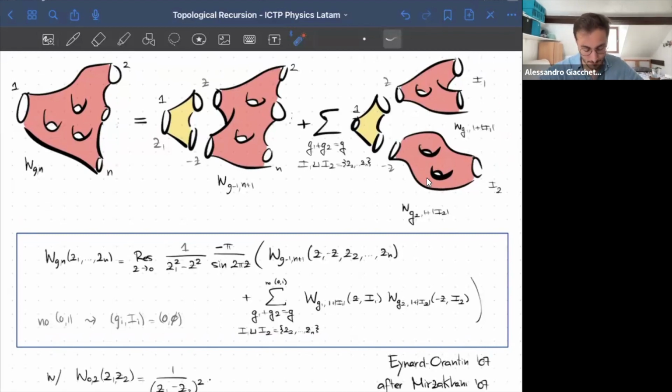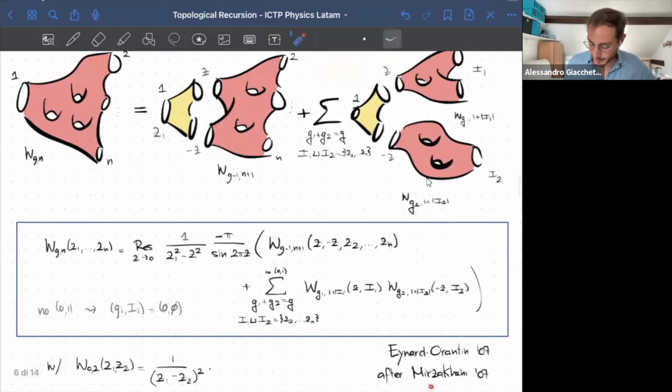And in this specific case, this pictorial way of writing the formula is actually the correct way of imagining it, because this drawing is essentially what is happening in the proof of Mirzakhani's. She managed to prove a formula like this by actually cutting out hyperbolic pairs of pants from an initial surface of genus g with n boundary components.